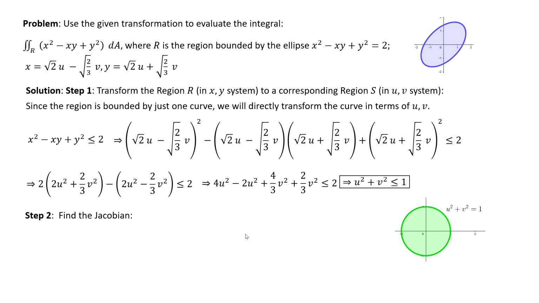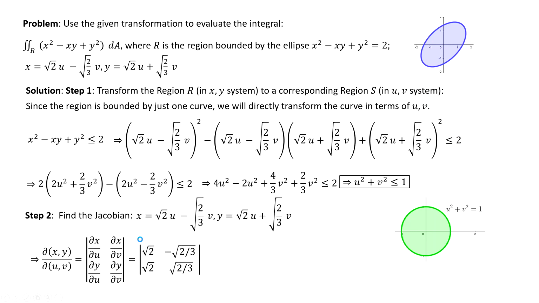Next, find the Jacobian. You remember? All right, Jacobian. This determinant. So partial x with respect to u is square root of 2. The derivative of this is going to be 0 because we are differentiating partially with respect to u. This second term's derivative is 0, and so on.